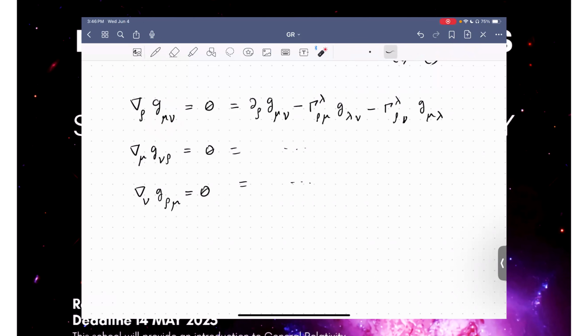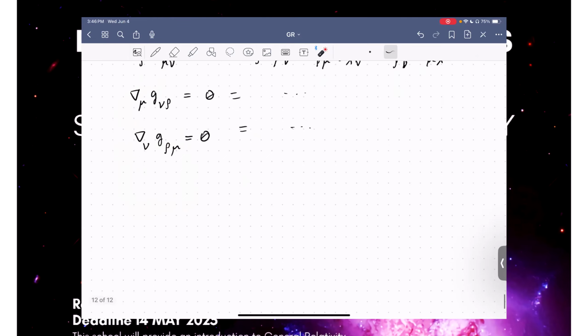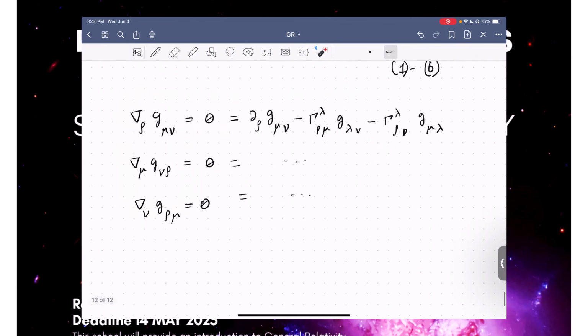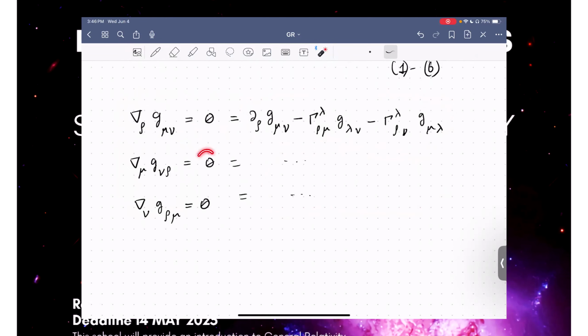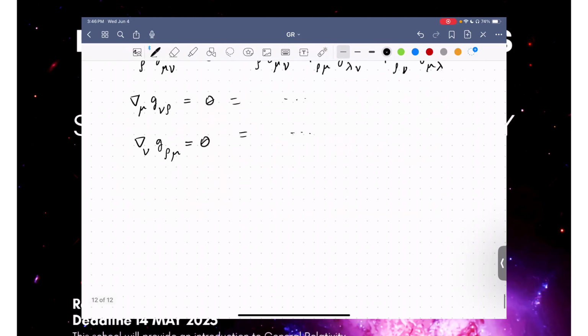If you now take this expression and subtract these two from it, you are taking the sum of these two and subtracting that from here. You are still just subtracting the sum of two zeros from a single zero, so what you're left with is still zero.